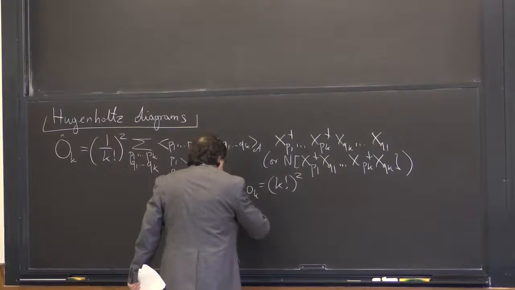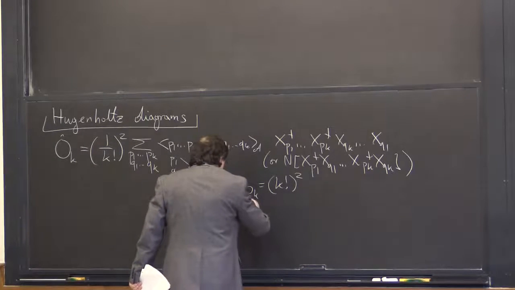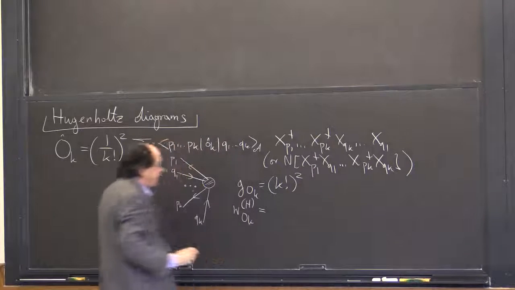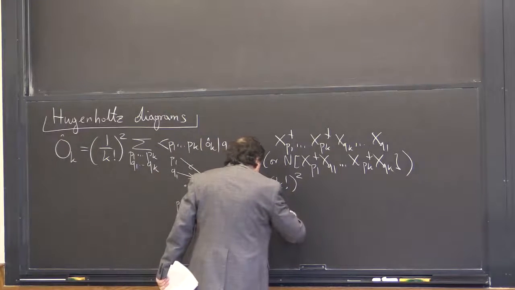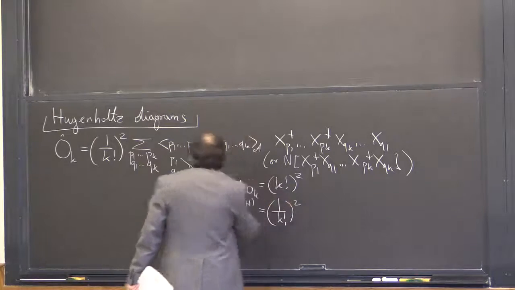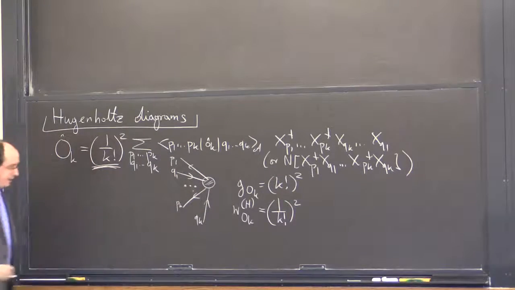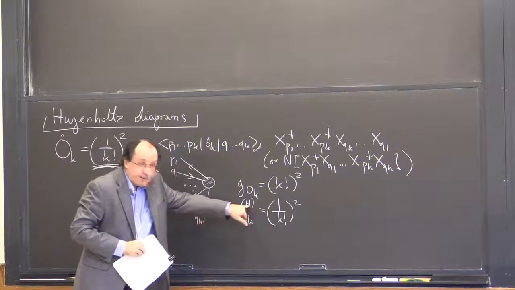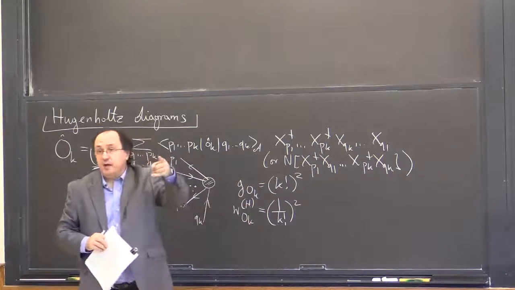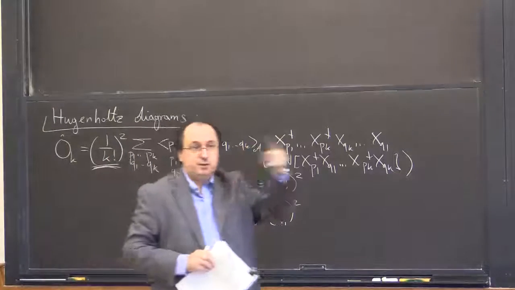So that means that the weight of this particular diagram or skeleton, okay, will be 1 over the number of automorphisms, which is 1 over k factorial squared, and that's exactly the numerical factor that you see here, okay? And I'm going to use today, usually I believe, a symbol H at the weight, because I want to make sure that we don't get confused.